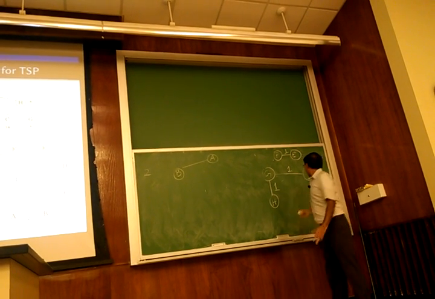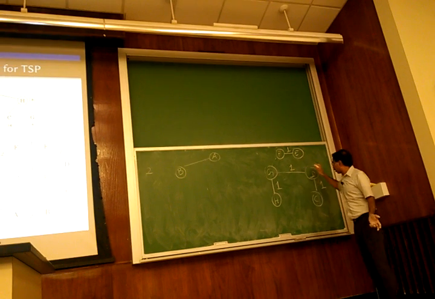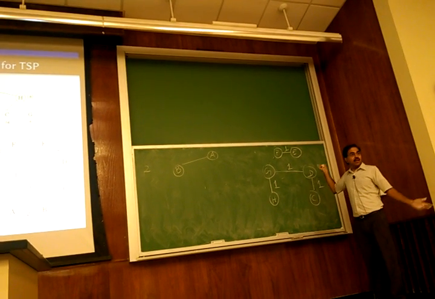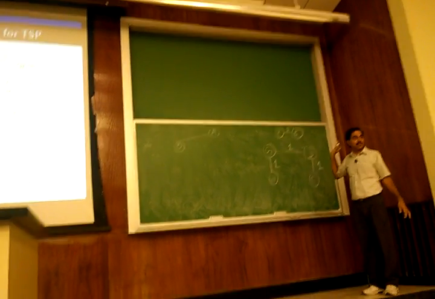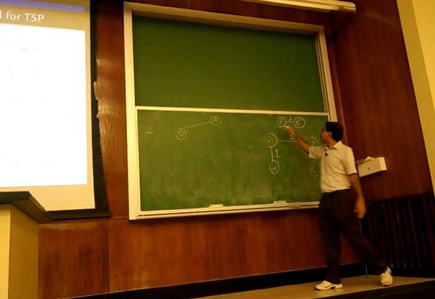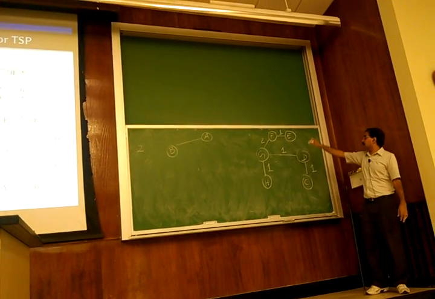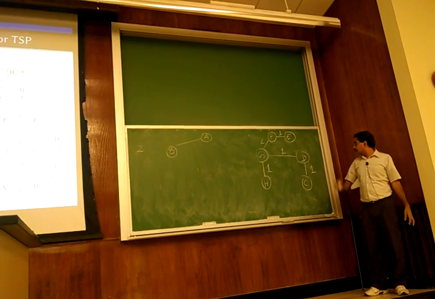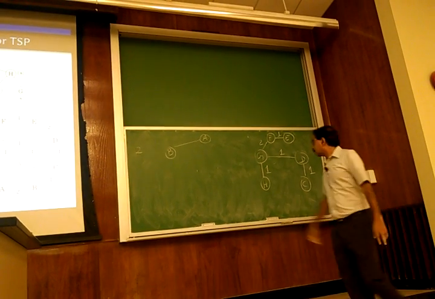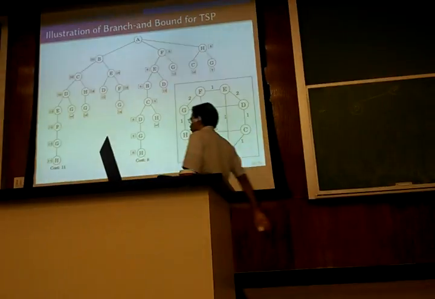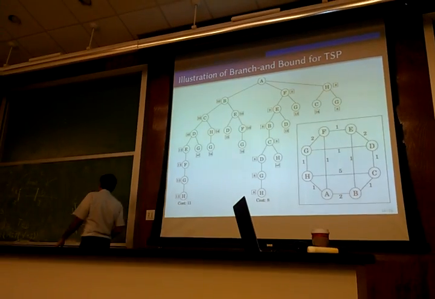So now we have to pick just one more edge, and the lowest cost that's left at this point is something like that. So what is the cost of the spanning tree? 6.